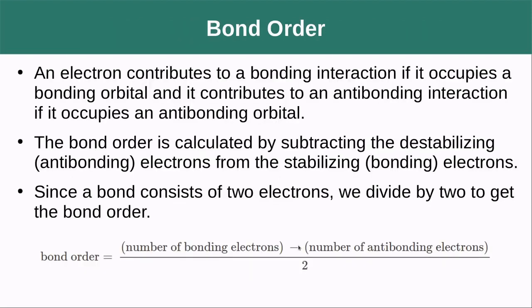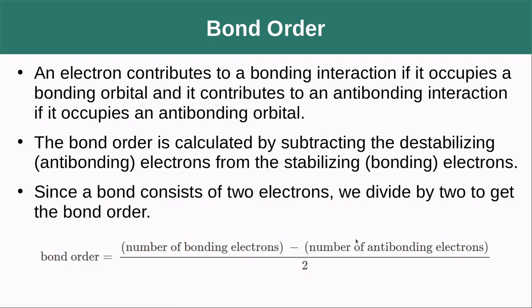Bond orders. An electron contributes to a bonding interaction if it occupies a bonding orbital, and it contributes to an antibonding interaction if it occupies an antibonding orbital. The bond order is calculated by subtracting the destabilizing antibonding electrons from the stabilizing bonding electrons. Since a bond consists of 2 electrons, we divide by 2 to get the bond order.